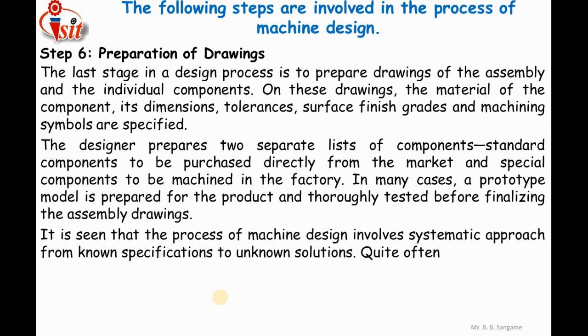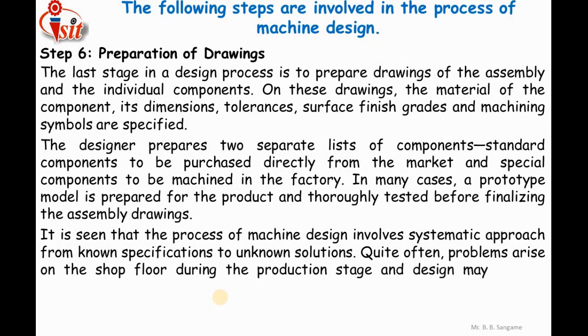It is seen that the process of machine design involves a systematic approach from known specifications to the unknown solution. The specifications are technical terms, or the definition of the problem according to the need of the customer, and a solution is nothing but the drawing and a prototype. Quite often problems arise on the shop floor during the production stages, and the design may require modification.